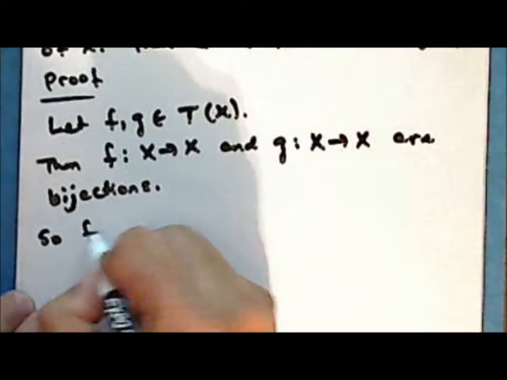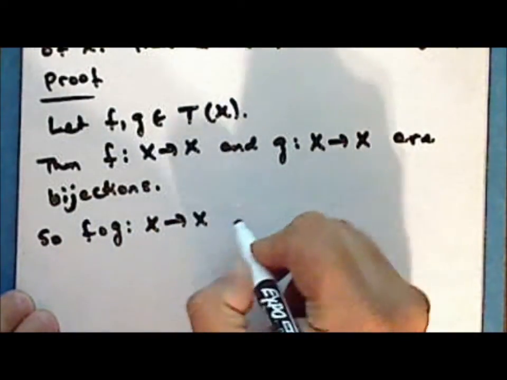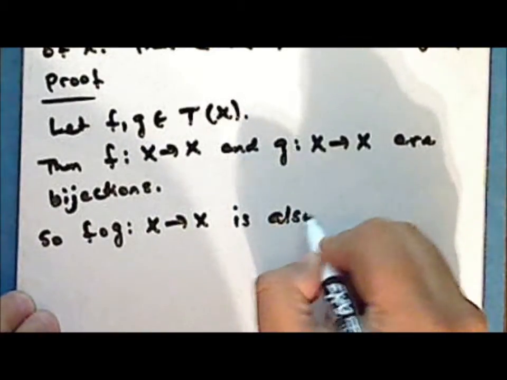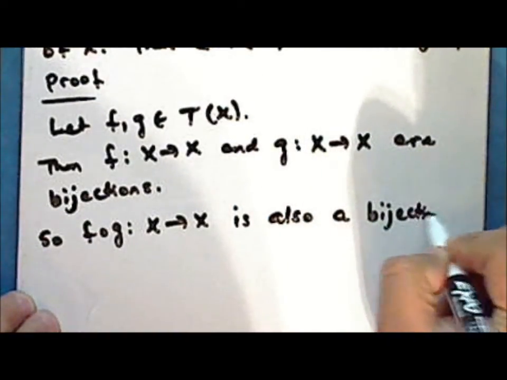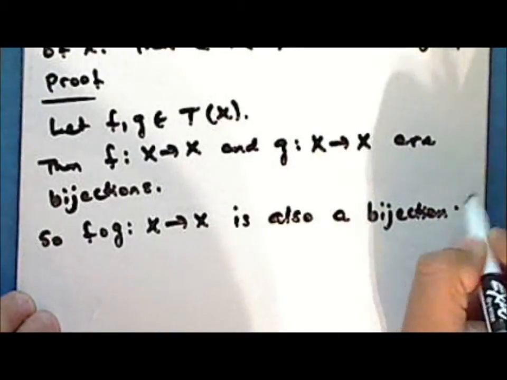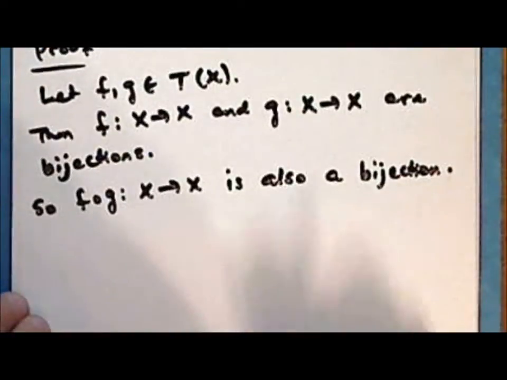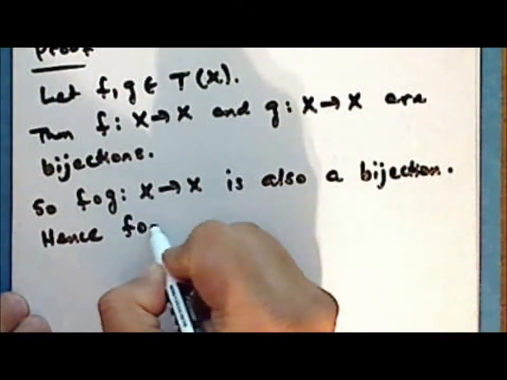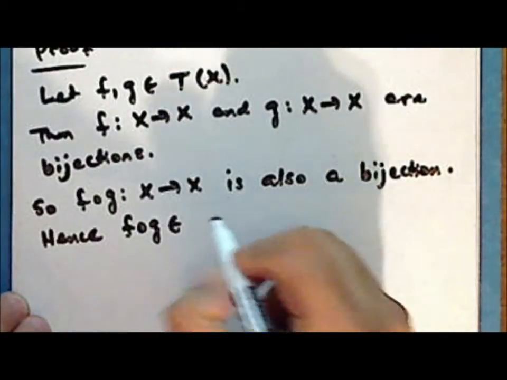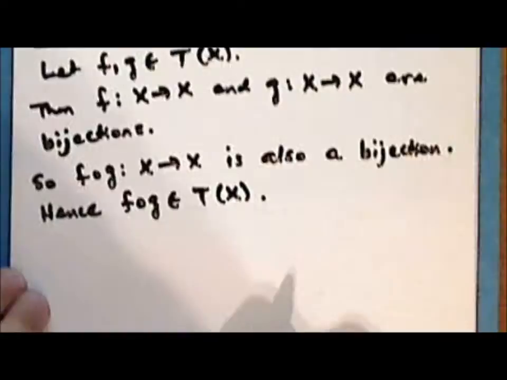And so the composition F of G is a map from the set X into the set X and is also a bijection, since the composition of two bijective functions is a bijection, and hence the composition is also a transformation of X.